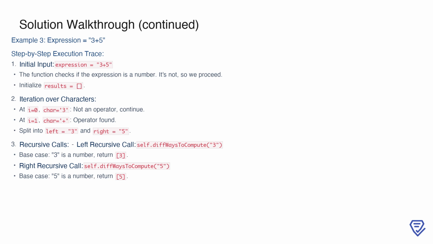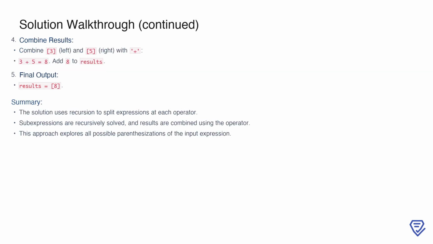Recursive calls for these subexpressions identify both as numbers, returning 3 and 5. The results from the left and right subexpressions, 3 and 5, are combined using the plus operator. This gives 3 plus 5 is equal to 8, which is added to the results list. The final output for 3+5 is 8.